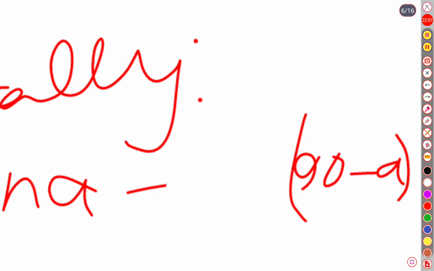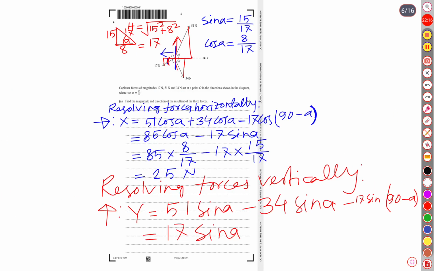So it is 17 sine 90 minus alpha. Sine 90 minus alpha is cos, you know well. So that is minus 17 cos alpha.